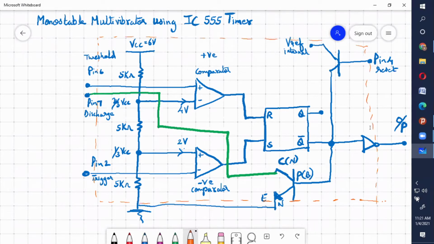Okay. Students, for astable, how many resistors did we connect? For astable multivibrator, I wrote something external, right?